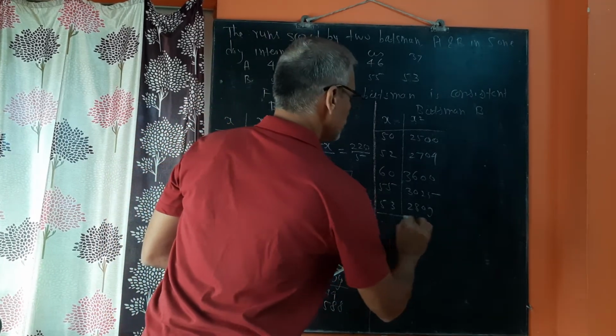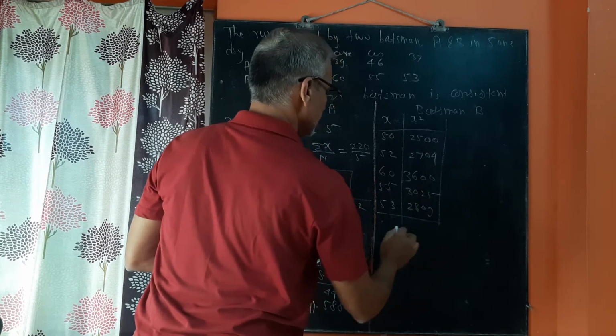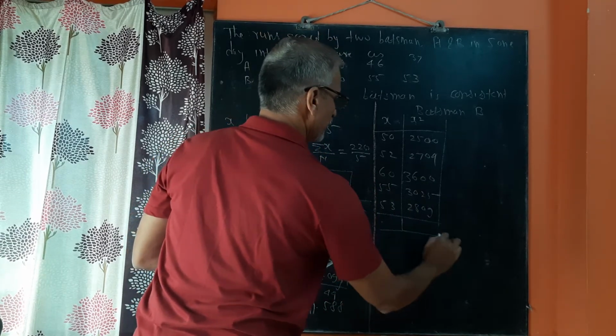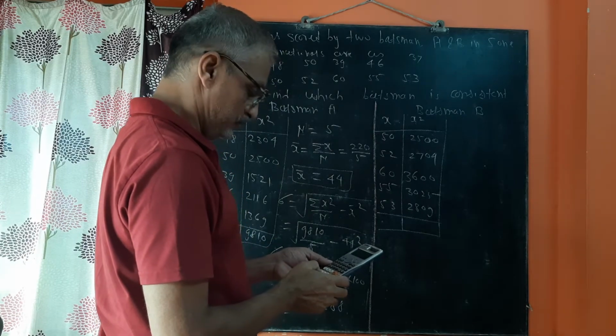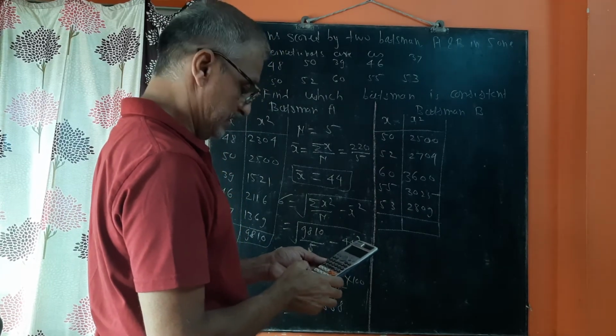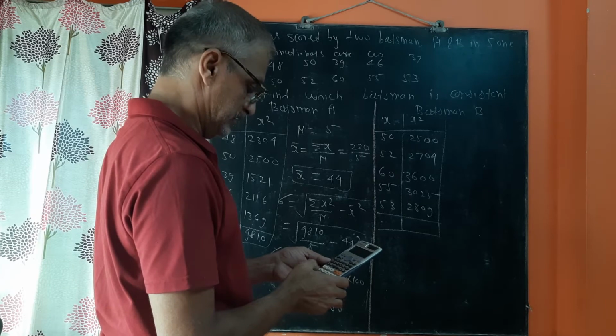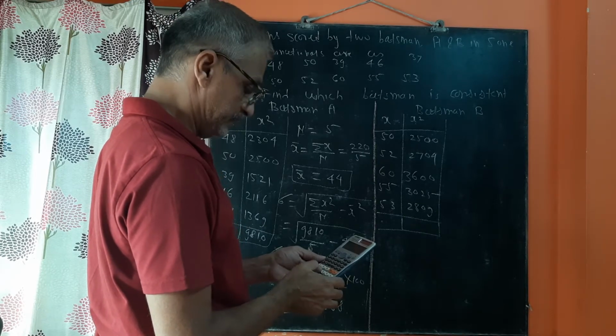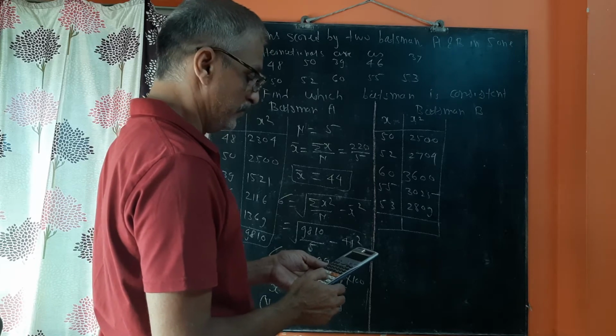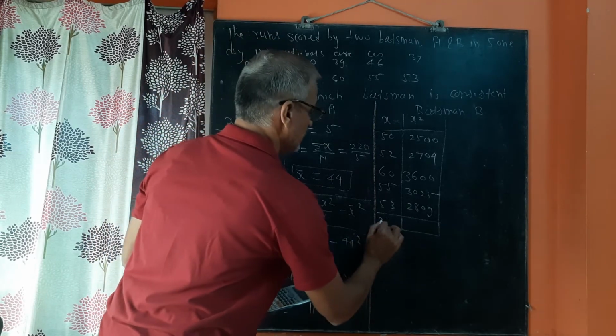So sum of those two columns: 52 plus 50 plus 60 plus 55 plus 53, that is 270.